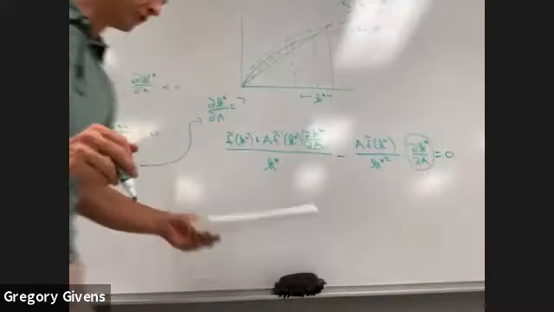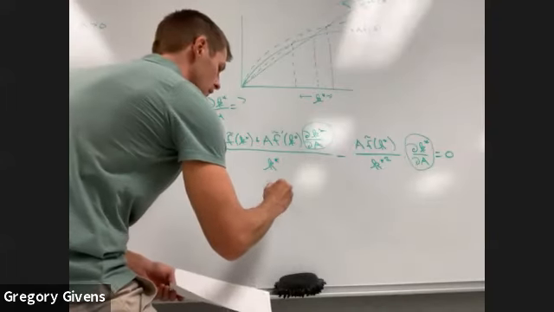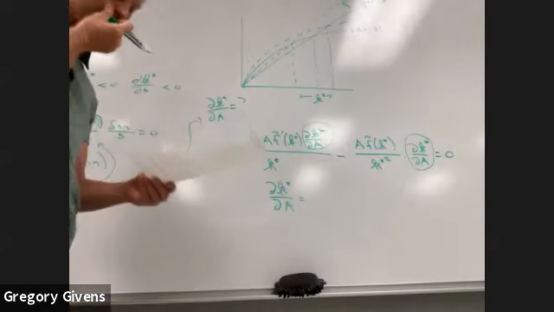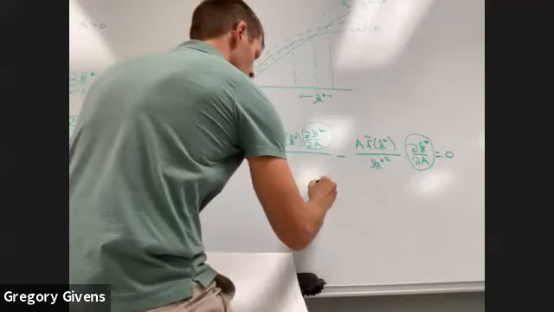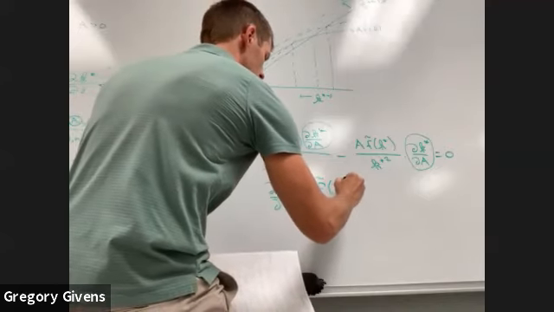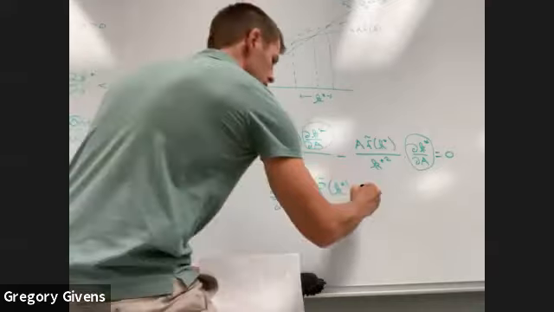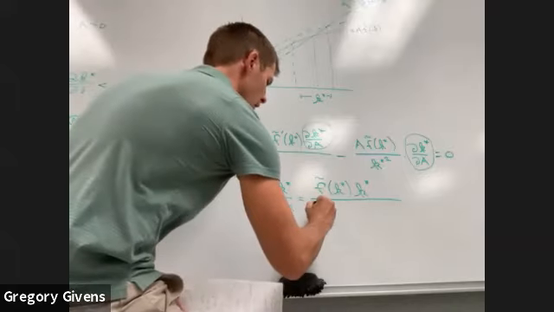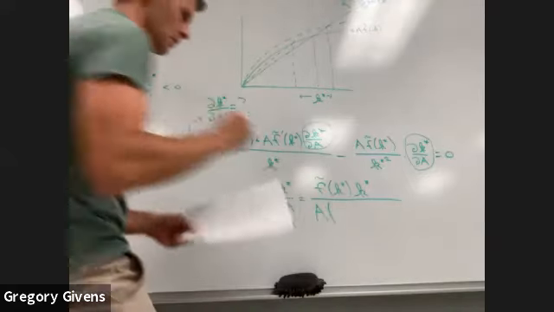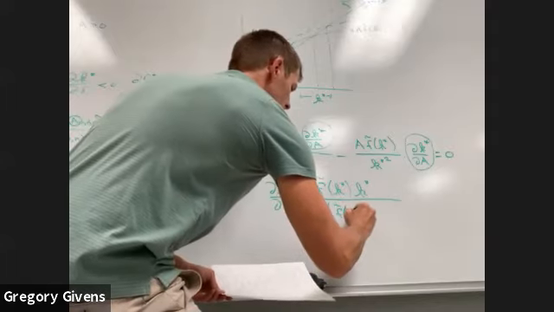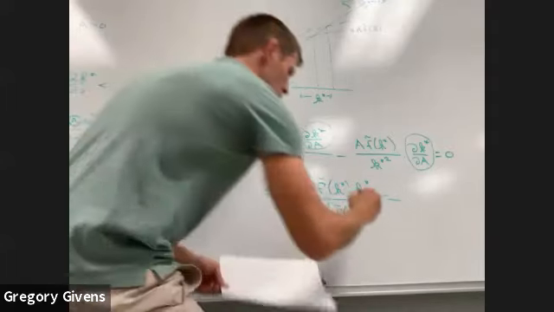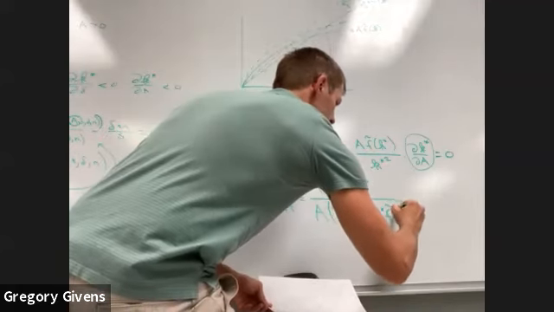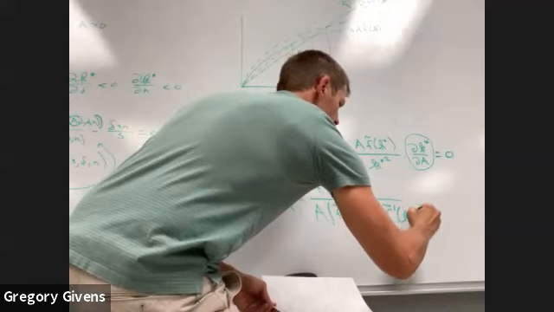If you rearrange the terms here, you're going to find that the partial of K with respect to A is equal to F tilde of K star times K star divided by A times the quantity F tilde of K star minus K star F tilde prime of K star.